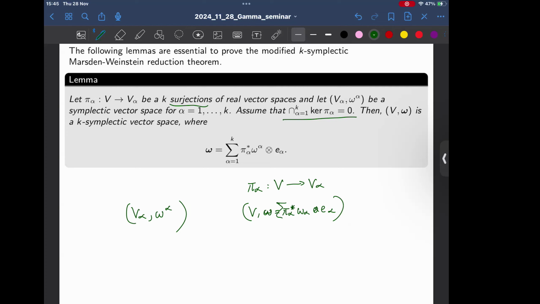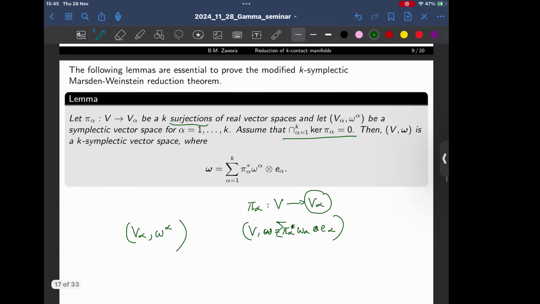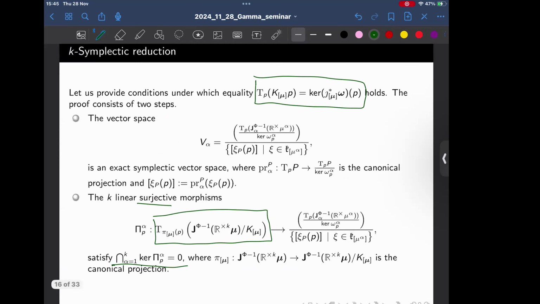So now we construct V_α, defined like on the previous slide as this. We find conditions for this P_α morphism to be, first of all, surjective, and for the intersection of the kernels to be equal to zero.